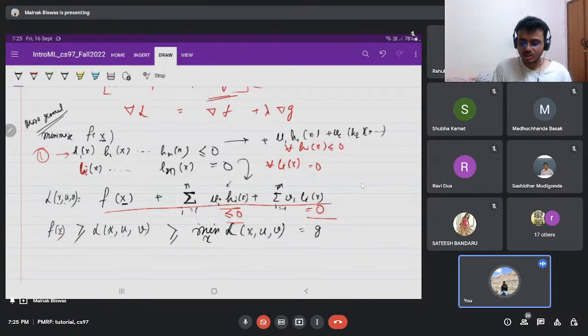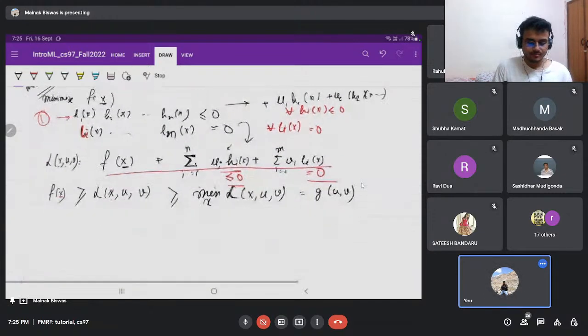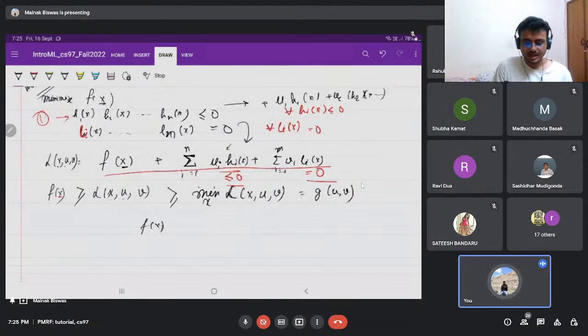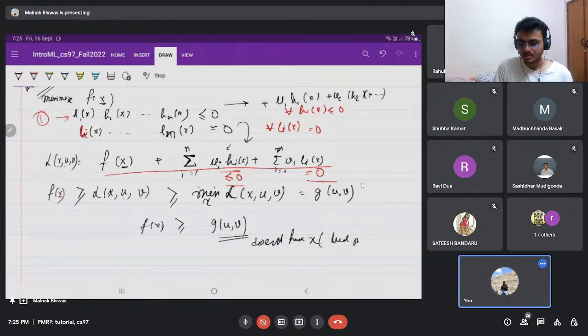So this is say g of u, v. So f of x will be greater than or equal to g of u, v. Now do you see this interesting thing? This does not have x. This is called a dual problem. This will not be used today, but just for the sake of completeness, I wrote this. The second part is not useful today.